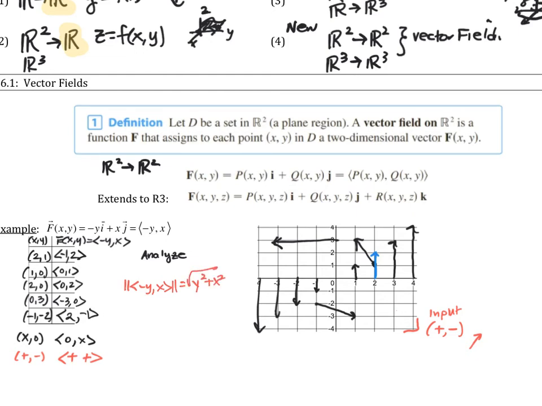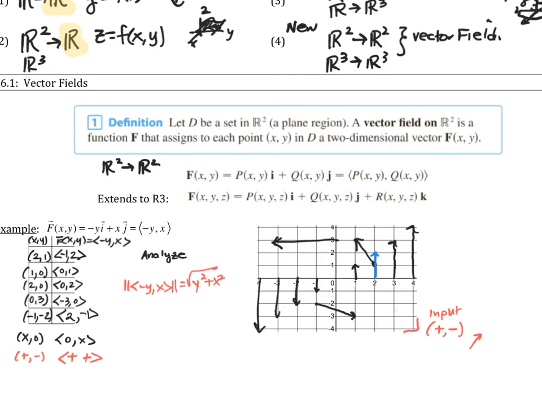And that's telling me something about the vector too. X squared plus y squared, think of a circle there. All the vectors on that circle have the same magnitude. As I go out, these will have a bigger magnitude. So as x squared plus y squared gets bigger, think of a circle with radius getting bigger, those vectors get bigger.